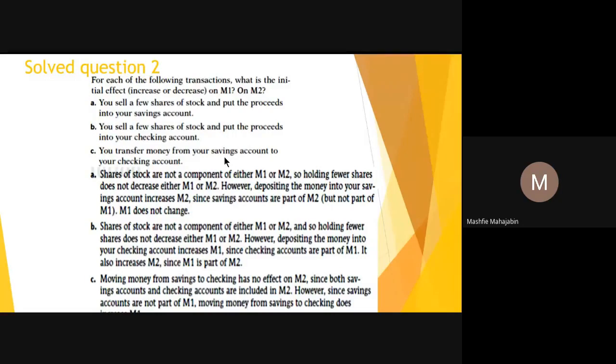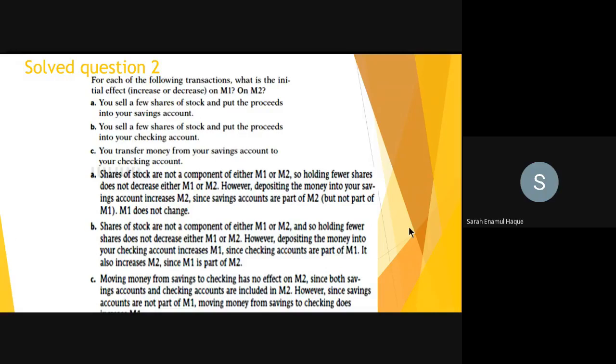Okay, so now part B: you sell a few shares of stock and put the proceeds into your checking account. What's the effect? Shares of stock are not a component of either M1 or M2, and so holding fewer shares does not decrease either M1 or M2. However, depositing the money into your checking account increases M1. Since checking accounts are part of M1, it also increases M2 since M1 is part of M2.